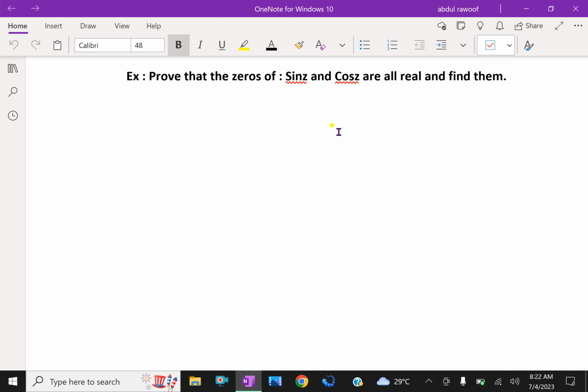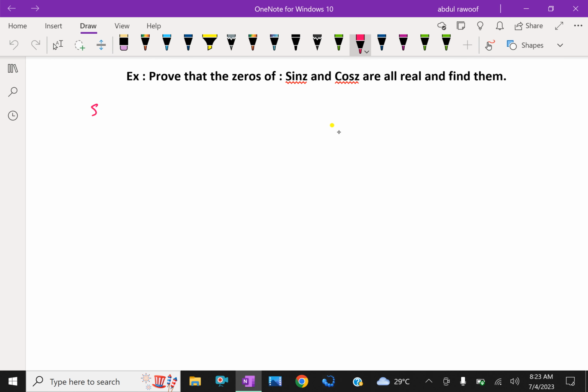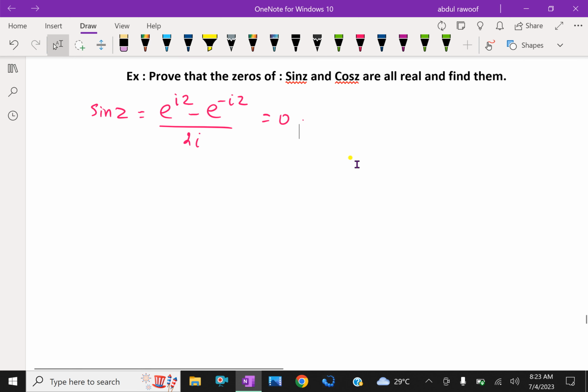Here, first one, sin z equals (e^(iz) minus e^(-iz)) over 2i, which is equal to 0, because we have to find the zeros of sin z.